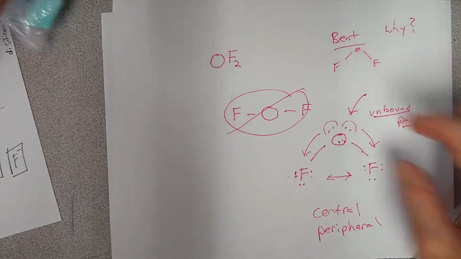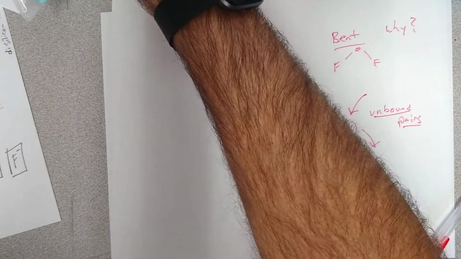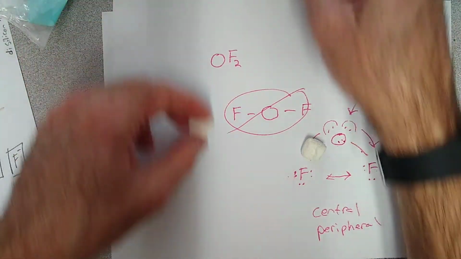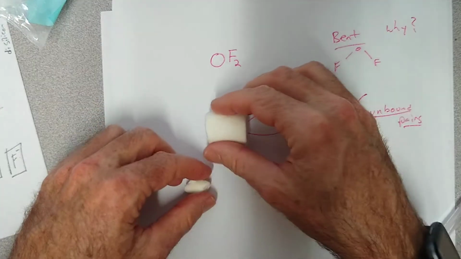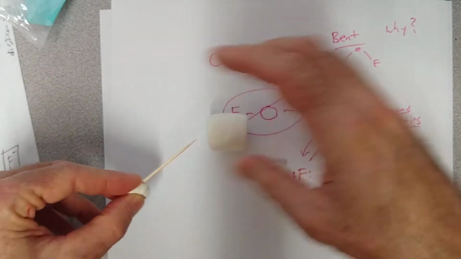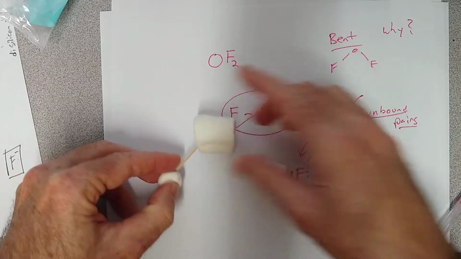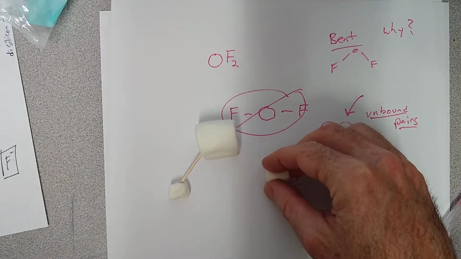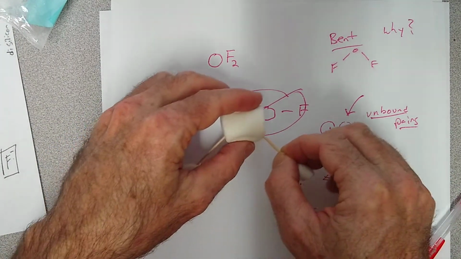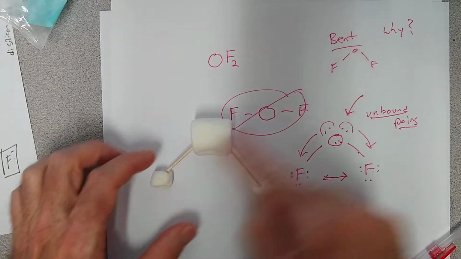Let me show you a bent molecule. Okay, here are my two fluorines. I'll use a big marshmallow to be my oxygen as the central atom. And boom, boom, boom. Can you think of another molecule that's necessary for life on Earth that may also end up being bent like this?